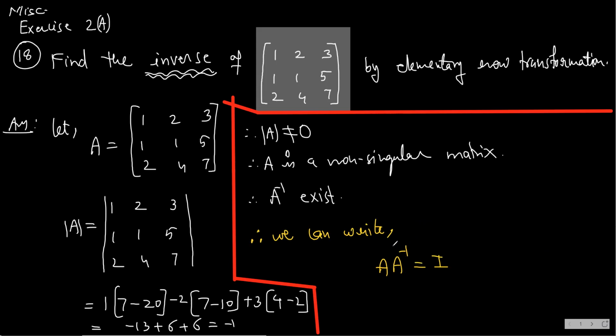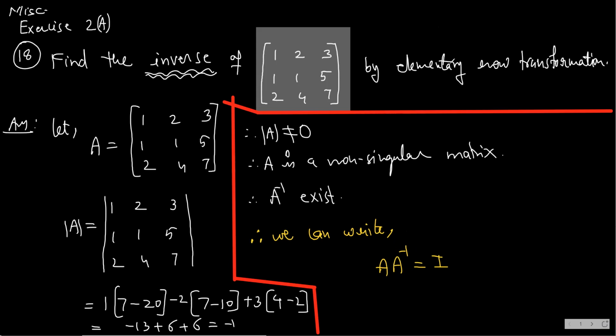If matrix A inverse exists, then remember that if you multiply A inverse with A, you will get I.